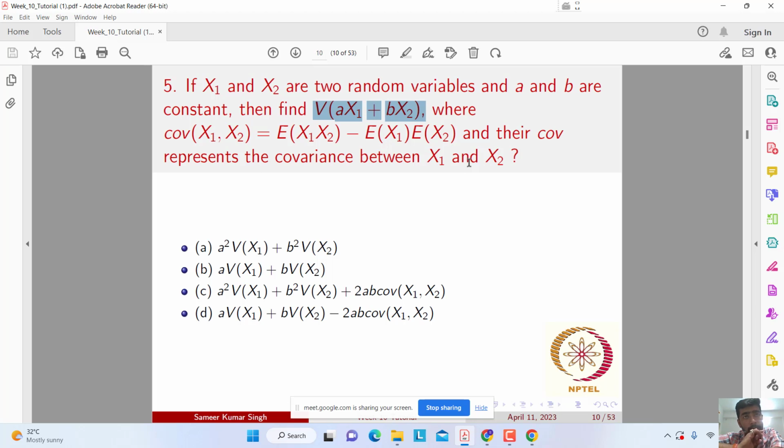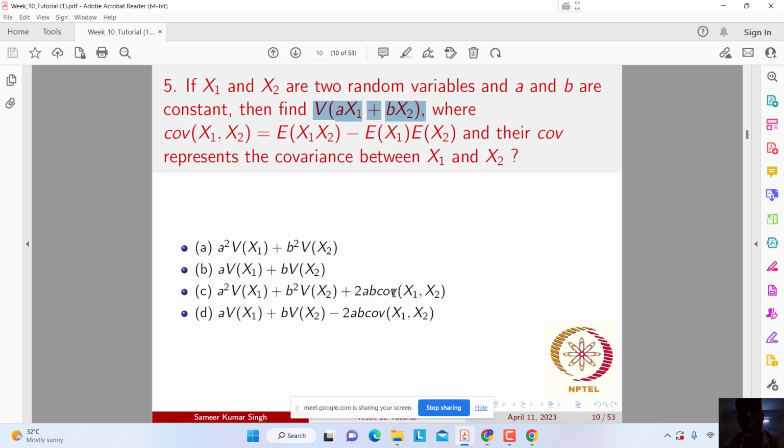Are you deriving that, or directly saying the answer? Okay, and there we are getting the COV.